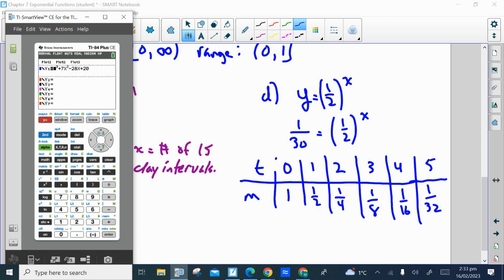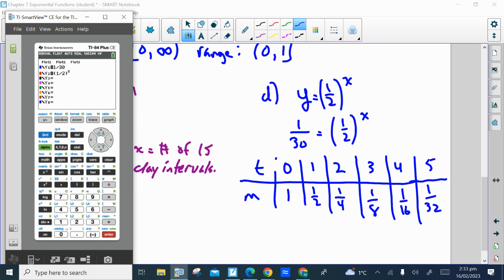If you go to y equals, and you put in there one equation as y equals 1/30, there's equation 1. Equation 2 will be the right side, which is 1/2 to the power x. Okay. Because our y1 equation is quite small, it's 1/30th.